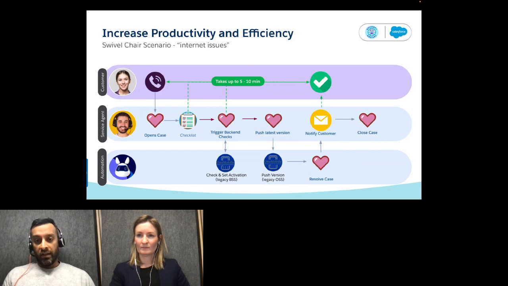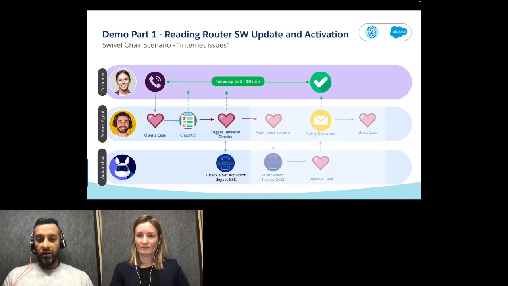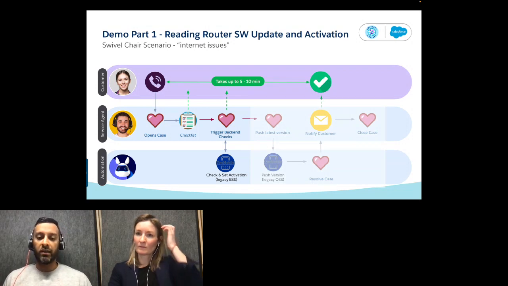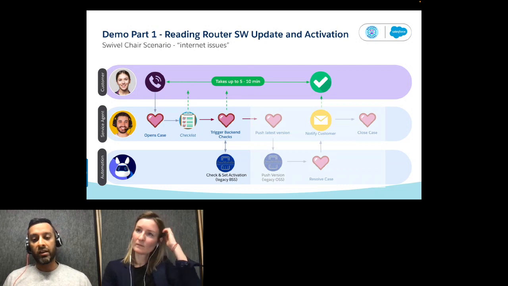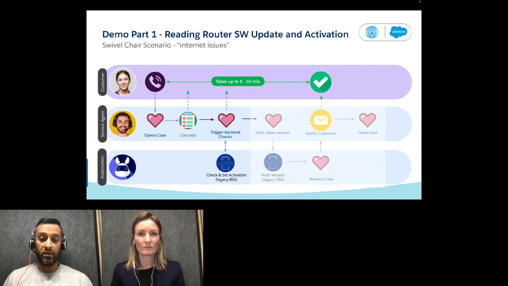So as I was saying, this is not a fully automated scenario. We have two parts. Also in this use case, the very first part is checking the activation, checking the firmware, and, if it's not already activated, setting the subscription to active, in the first scenario where Chris can directly trigger these backend checks and actions from Salesforce Service Cloud.